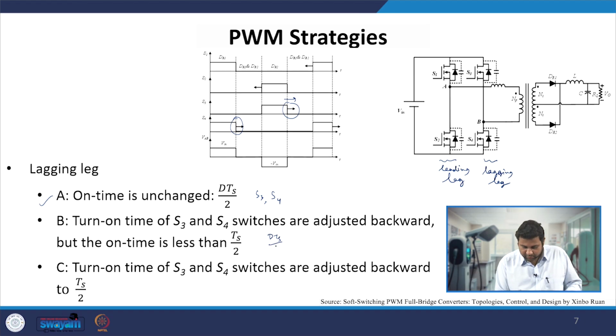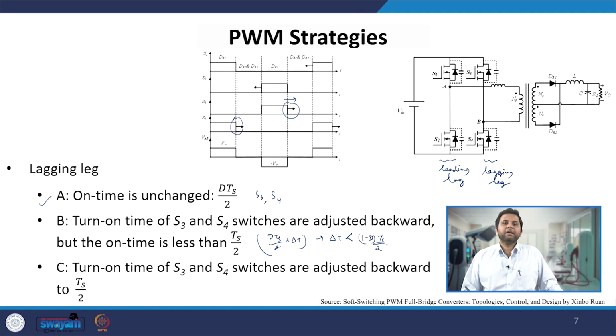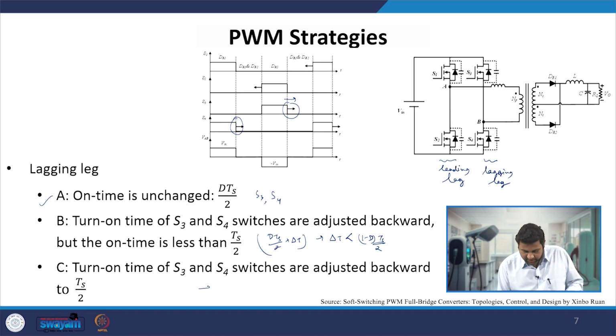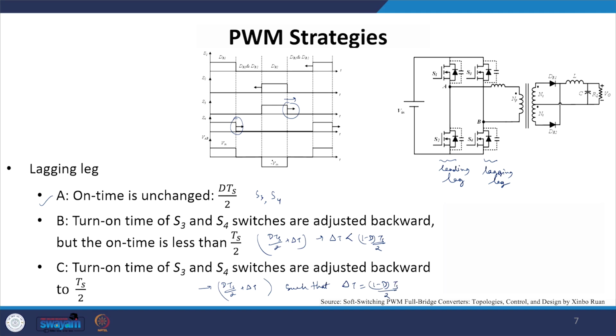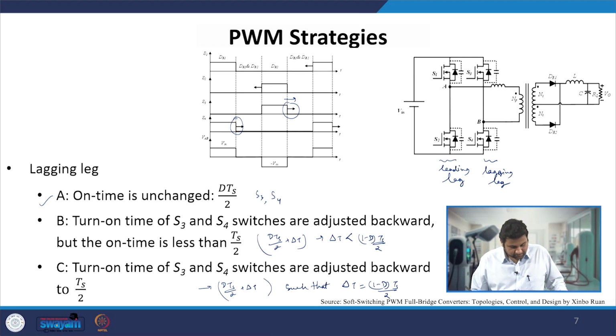That means you are adding a delta T time. However, delta T is less than (1 minus D)Ts by 2. And in the third point, we have DTs by 2, and we adjust the turn on time such that delta T is equal to (1 minus D)Ts by 2, and that's when you are turning on your S3 and S4 switches for nearly the entire Ts by 2 period.